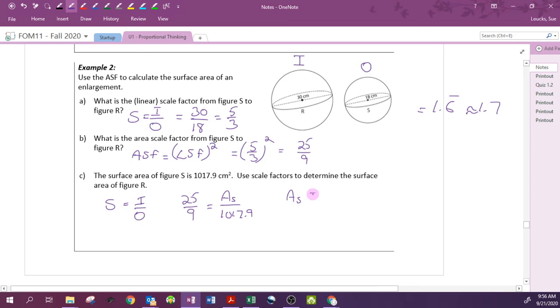And then the area of S is 1017.9 times 25 divided by 9. And this equals, my calculator tells me, 2827.5, and then I need some units, centimeters squared.